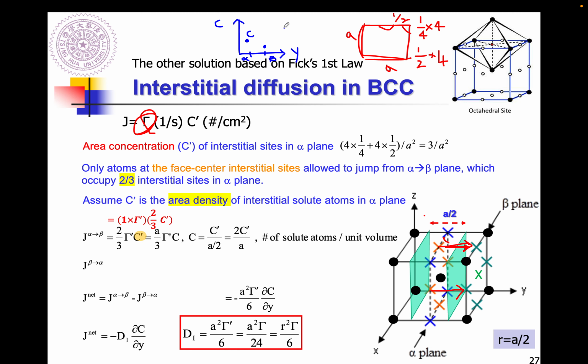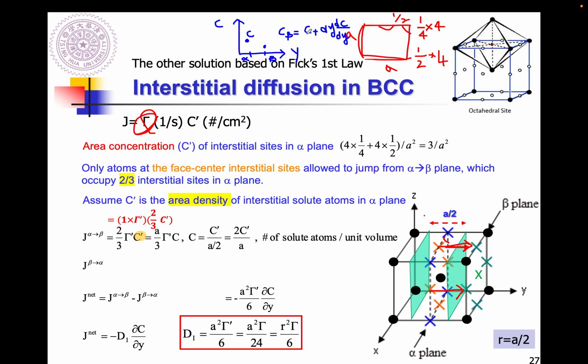So how to get the C at beta? Based on the mathematics, you can write down C plus dy, the change along y, times dC over dy. This is the expression you learned from engineering mathematics.